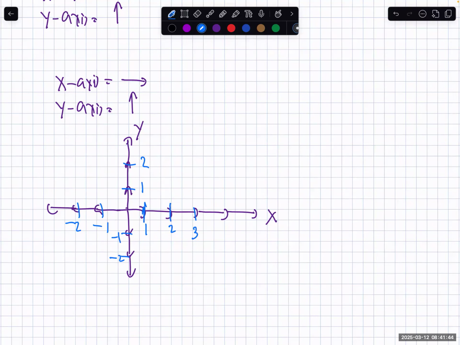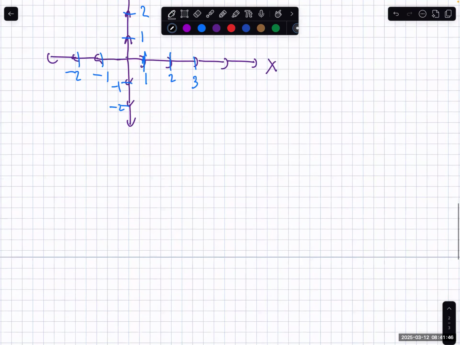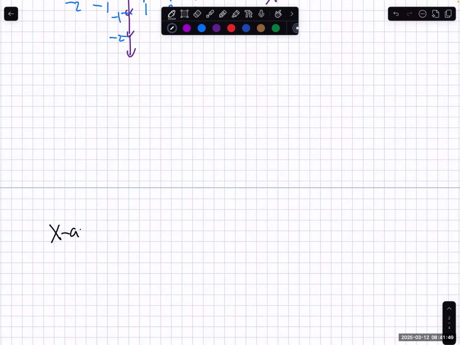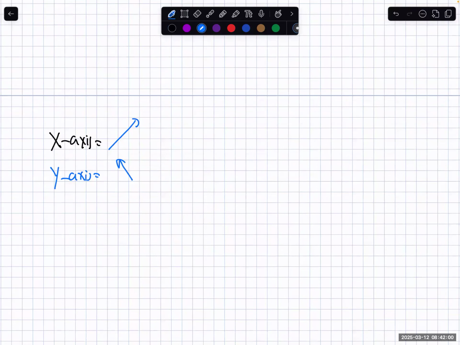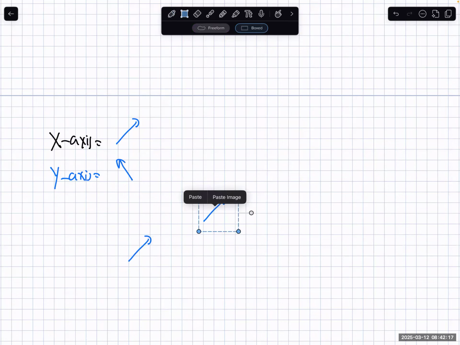So I can also build up a coordinate system.